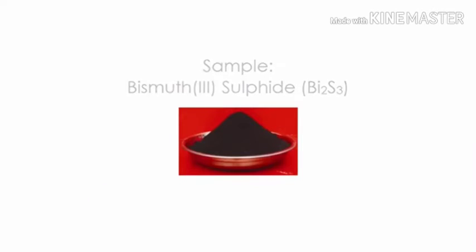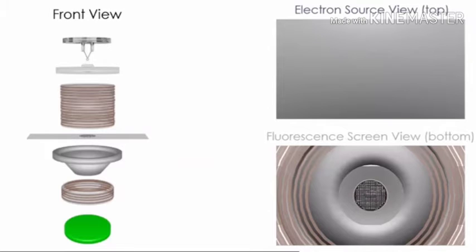In this diagram, we will show you how the sample looks at the electron source and the fluorescence screen.